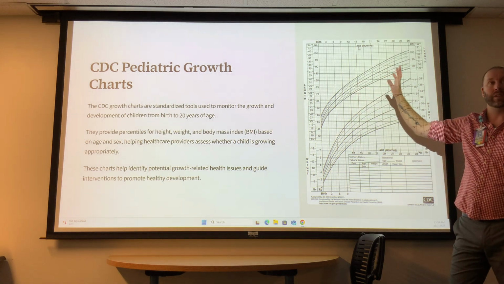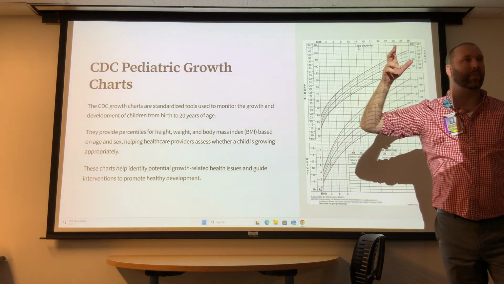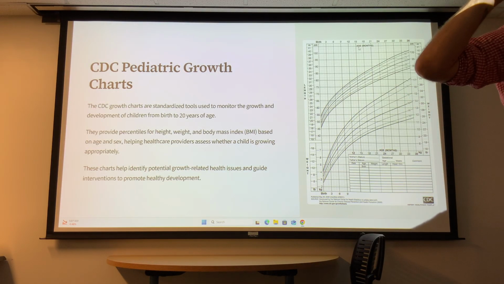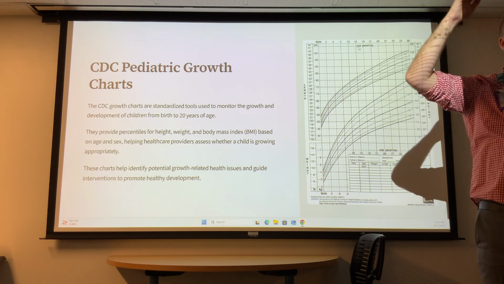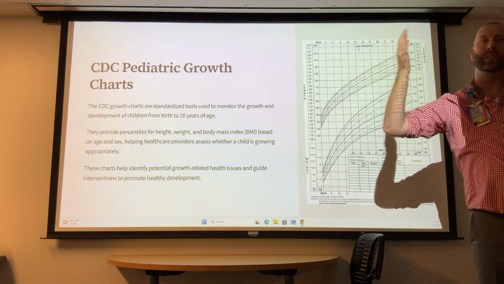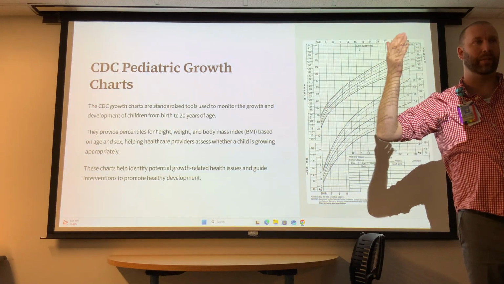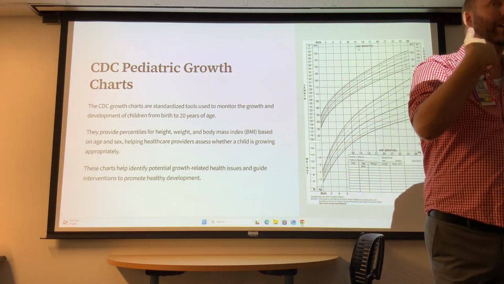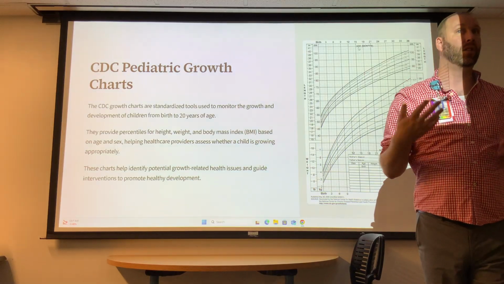As long as it falls somewhere between the 25th and 75th percentile, it's a pretty good window of okay. But if they're closer to those margins, then we're looking more in depth. Do we need to start focusing on a healthy lifestyle, healthy diet, healthy activity? Or are they not being fed enough? Are they underfed? Are there some other issues?